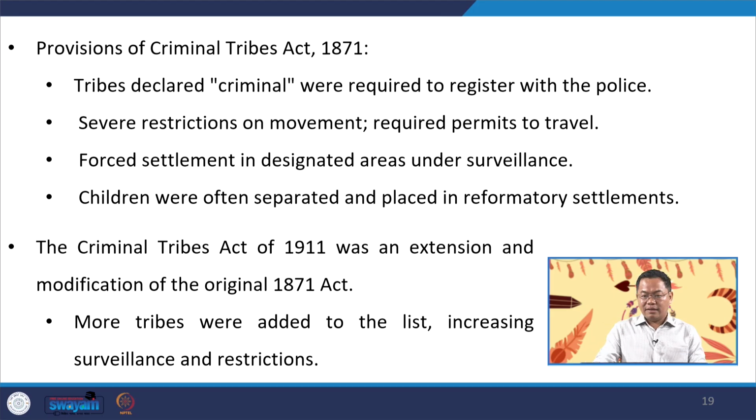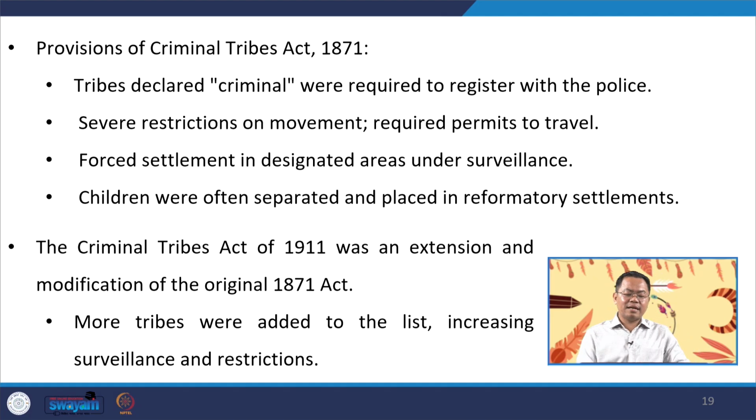Second, due to the fact that they were believed to be involved in crime or activities that harm or affect the state or other communities, a lot of restrictions were imposed on them in terms of their movement and mobility. Even if they wanted to move out of their village, out of the areas where they lived, they were required to acquire a permit.